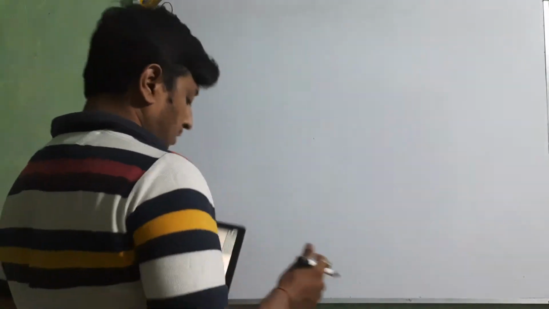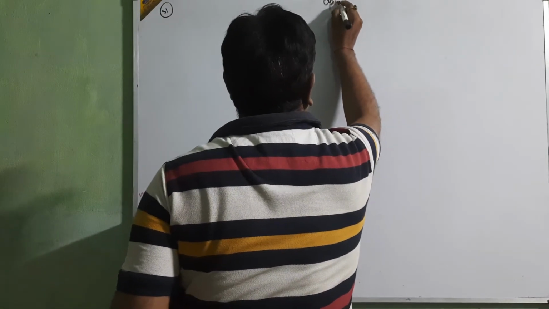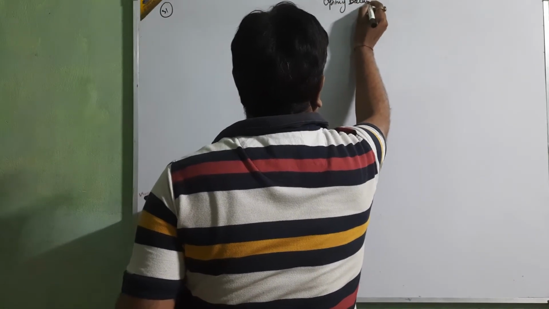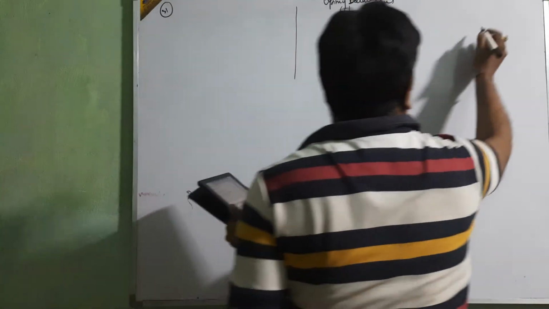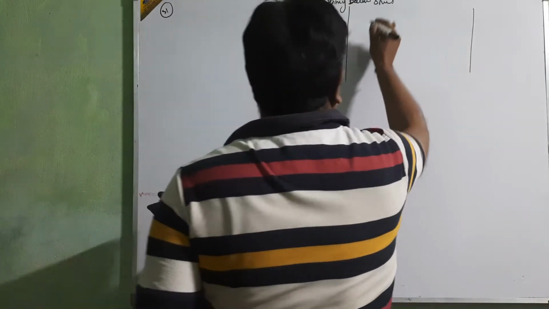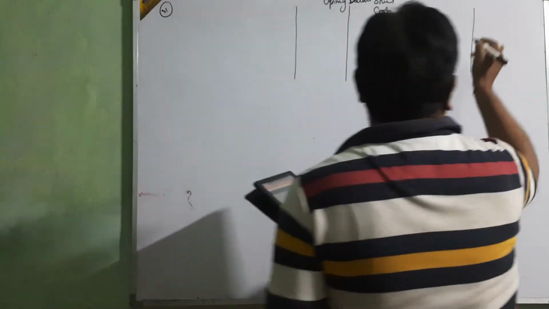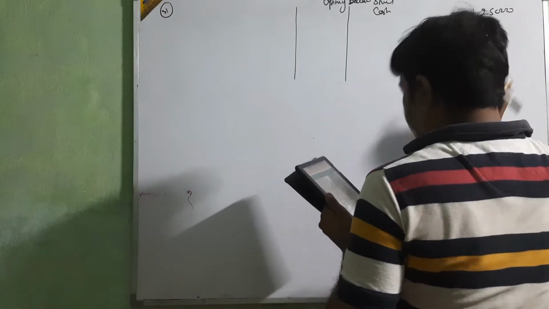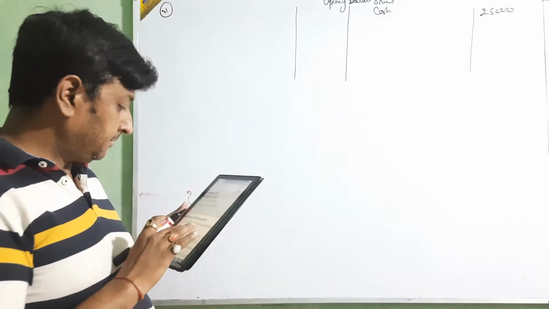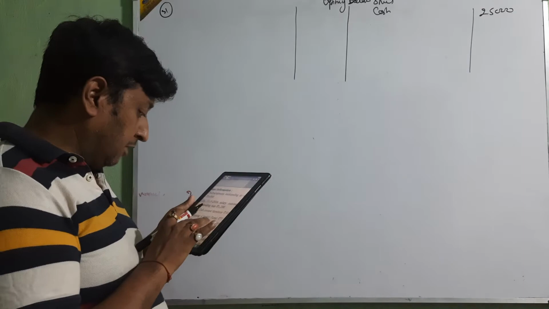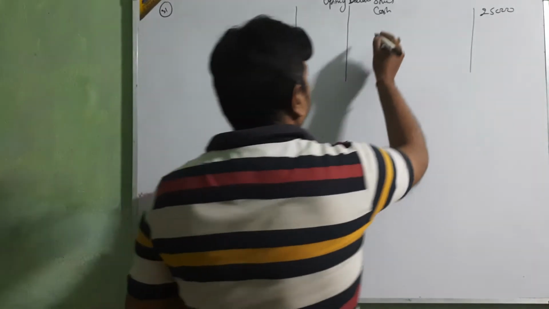Okay beta, opening balance sheet, question number 31. See this balance sheet. First cash: the opening balance shows like a cash, that amount is 25,000. And outside, furniture is there.